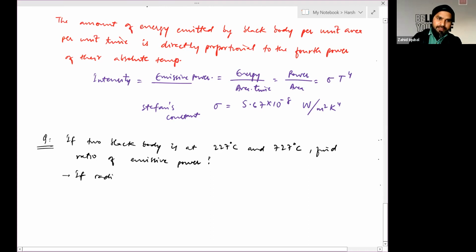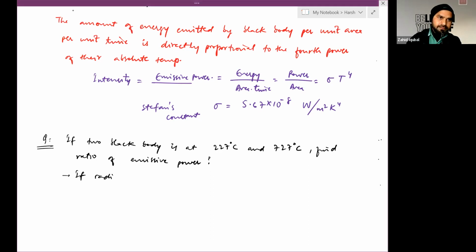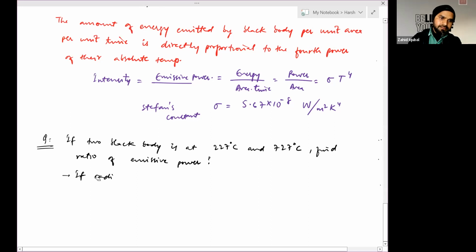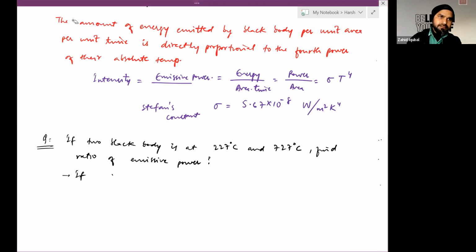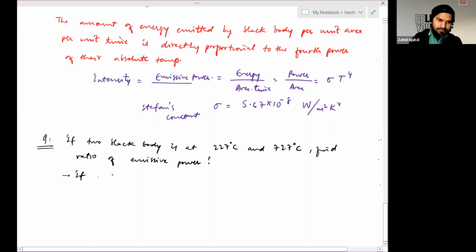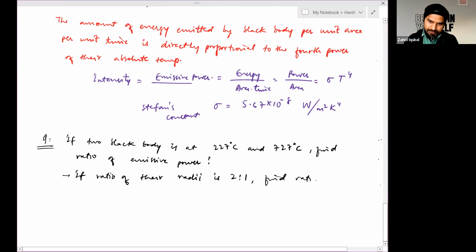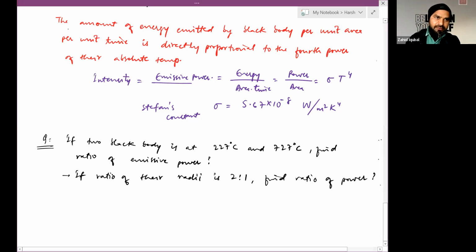If the ratio of their radii is 2:1, find the ratio of power.